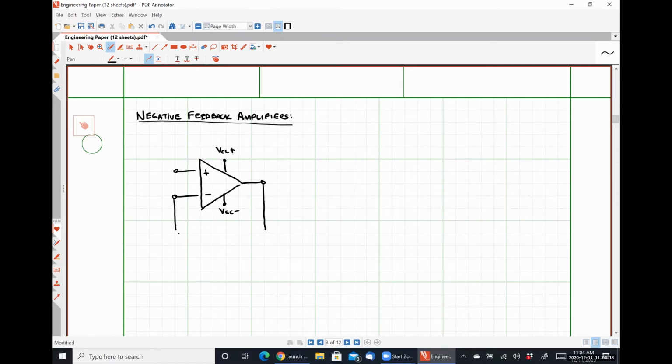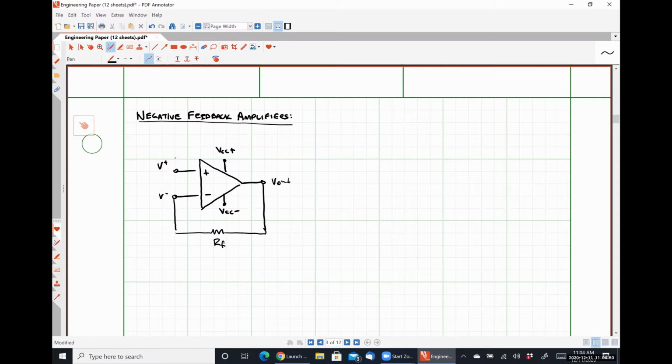So a negative feedback op-amp circuit is any circuit which contains a feedback resistor placed between the inverting input terminal and the output terminal. So just to be clear, this is V out, V minus, and V plus on here. This is the most common configuration for op-amp circuits.